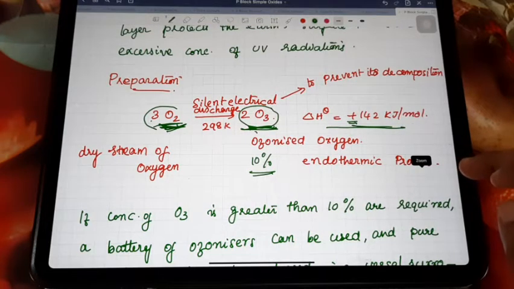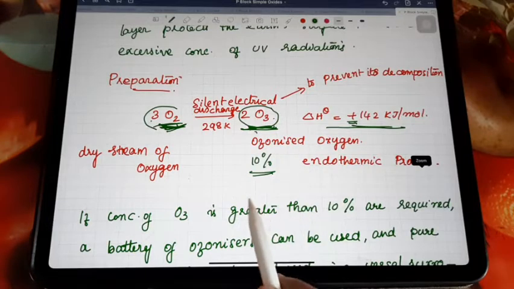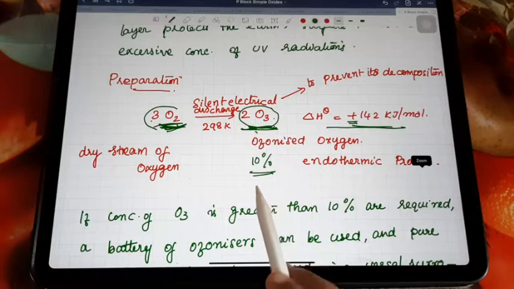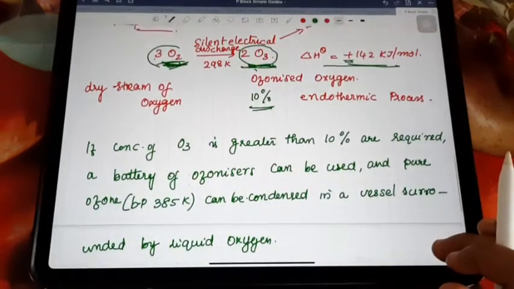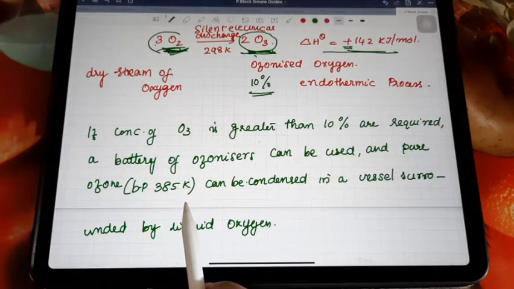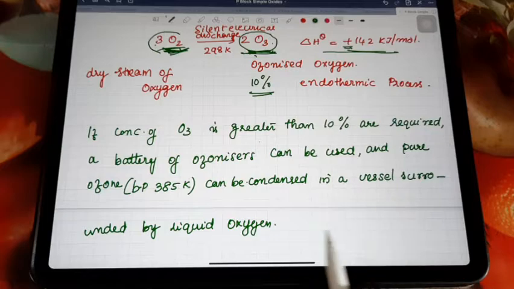The apparatus used to prepare ozone by passing electrical discharge is called an ozonizer. Okay, so for pure ozone, the boiling point written here is 385 Kelvin. When we use this battery of ozonizers, we get pure ozone, which can be condensed in a vessel surrounded by liquid oxygen.